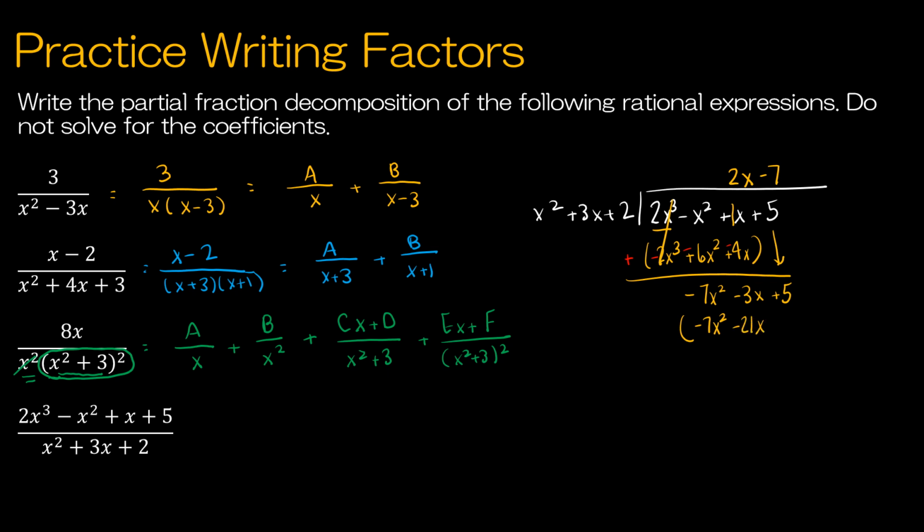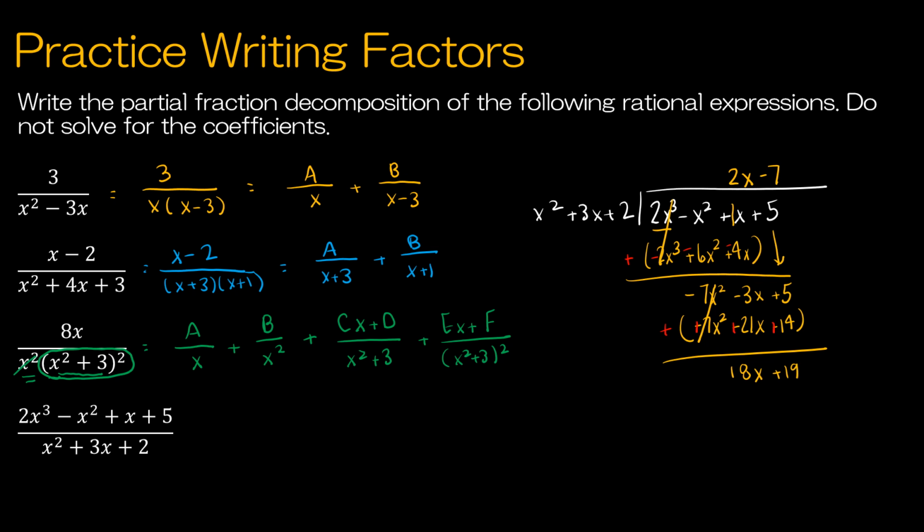Negative 7 times 2 is negative 14. And then I'm going to subtract this. So I'm going to change it to plus and change all of the signs. And that's going to leave me with the 7x squareds canceling. I get positive 21 and negative 3, which is positive 18x. And then I get 5 plus 14, which is 19.